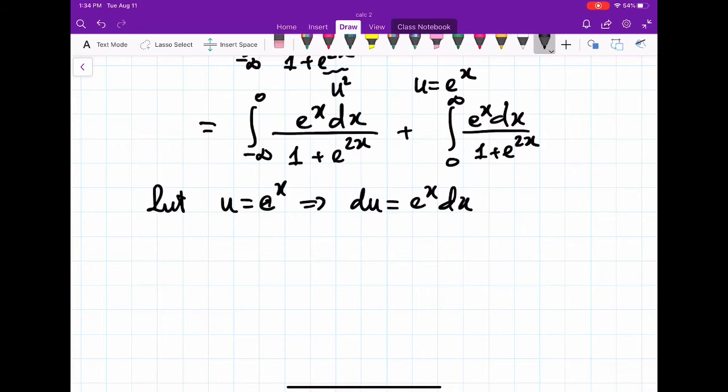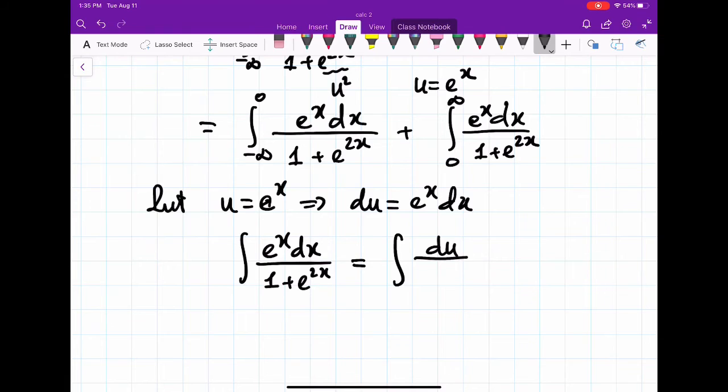So let's find the antiderivative, because the function is the same. The integral of e to the x dx over 1 plus e to 2x is just the integral of du over 1 plus u squared, and that is arctangent of u plus c.